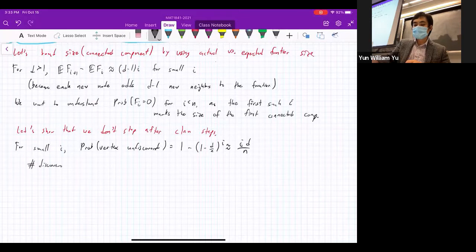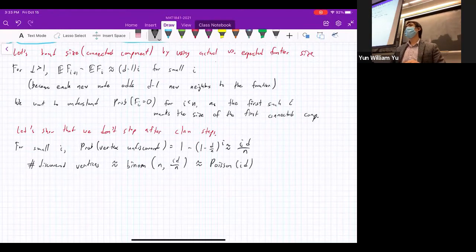So now the number of discovered vertices is approximately equal to a binomial of n and id over n, which is approximately equal to a Poisson with parameter id. So for those who are not so familiar with these approximations, basically what we're saying is that if some event happens about 0.001% of the time, and you run that event twice, then chances are you have approximately 0.002% chance of it happening.